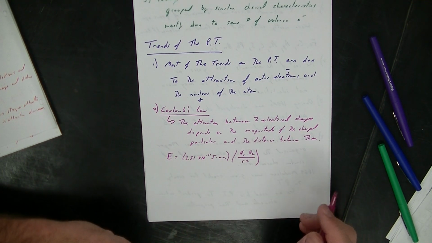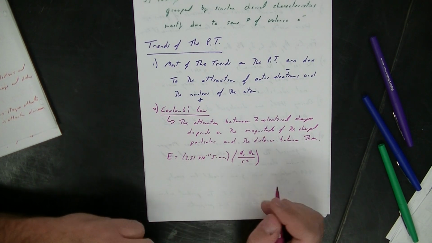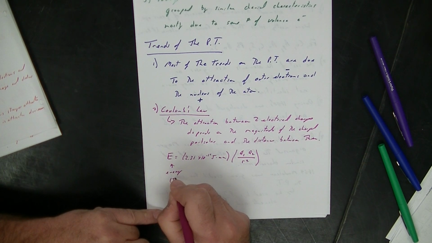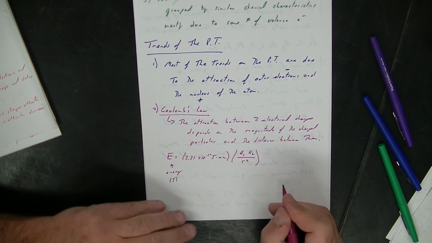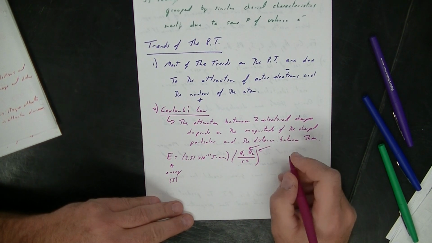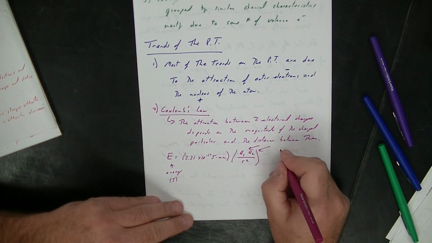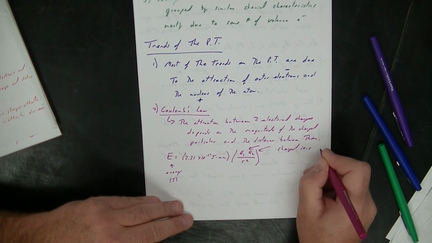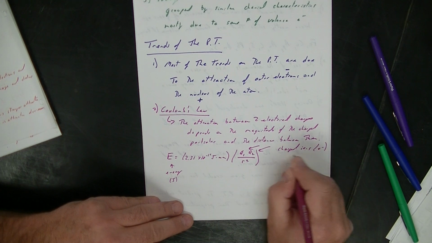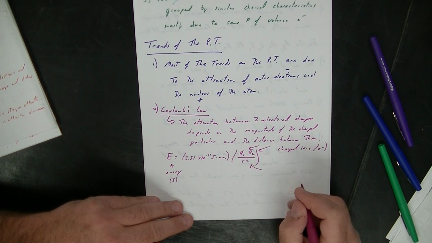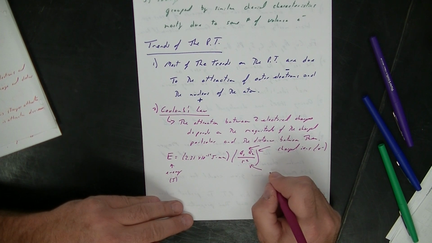Right, so here's Coulomb's law. Now what is this really telling me? Well, this is E, the energy, and it's usually in joules. Here's a constant. Q1 and Q2, these are our charged ions, or electrons, whatever charged particle we have. And then this is the distance.